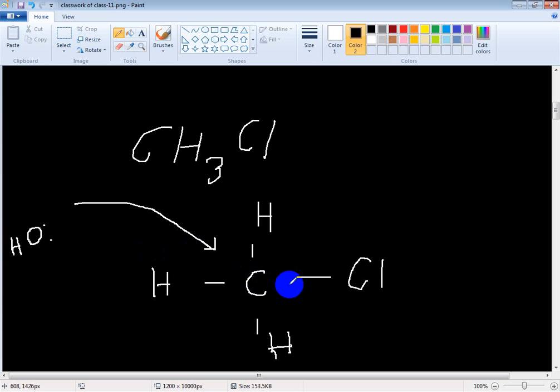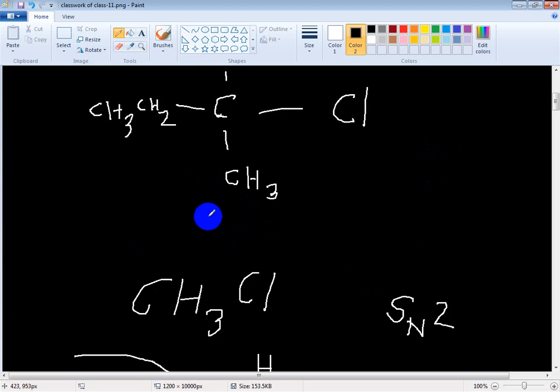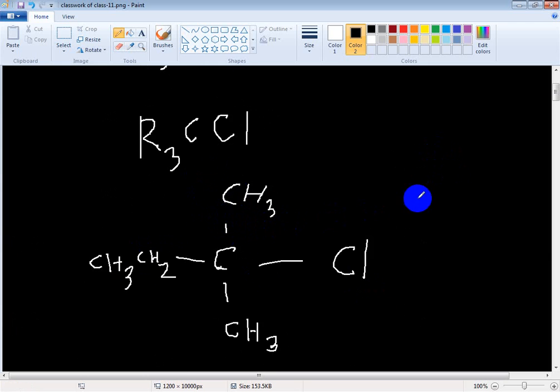So it prefers SN2 reaction mechanism. Methyl halide prefers SN2, but a 3-degree alkyl halide prefers SN1 reaction.